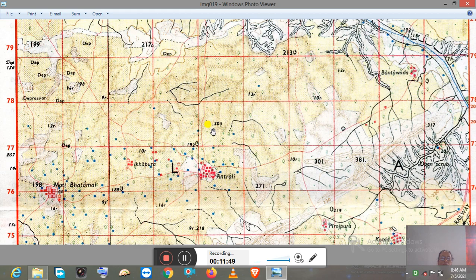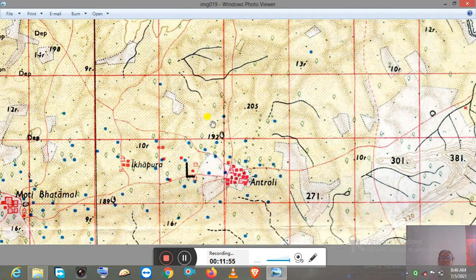Here, the black dot 205 is showing the spot height. Here, 13R is showing the relative height of the sand dune. All these brown color dots are the sand dunes. So 13R is indicating the relative height of the sand dune is 13 meters.